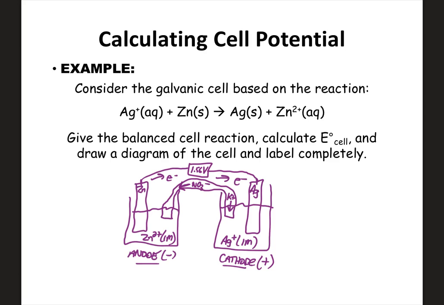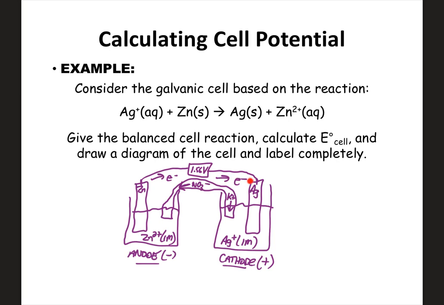In order to get full credit for something like this, you have to pretty much have all of this shown that you see here. There's a lot here, so pay attention to this. You have both metal electrodes, you have them both in separate containers in a solution of an ion itself that's listed as 1 molar. You have the anode and cathode explicitly listed. You're showing that you're generating the current.